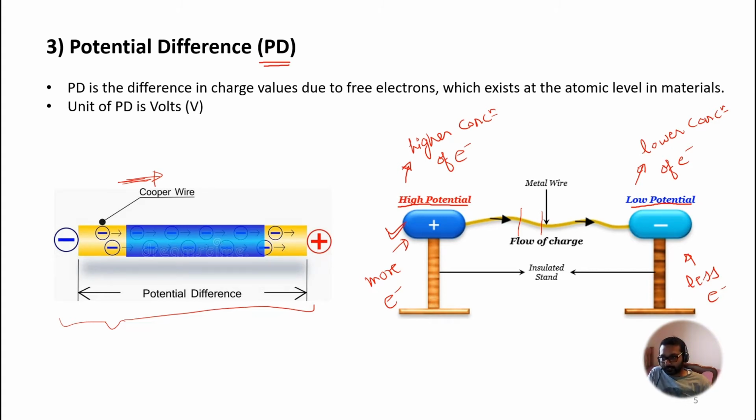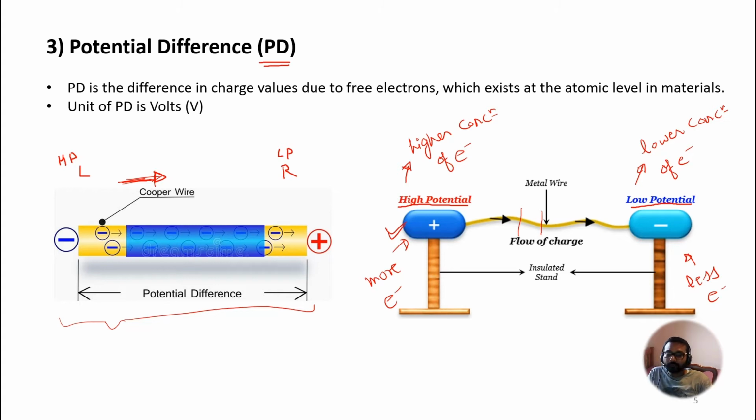Since the electrons are flowing from left to right, the concentration of electrons on the left side of the wire will be higher in comparison to the right hand side, right? So the left side of the wire will be at higher potential, and the right hand side of the wire will be at lower potential.